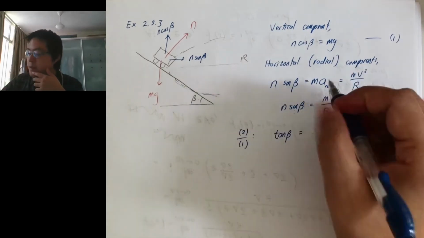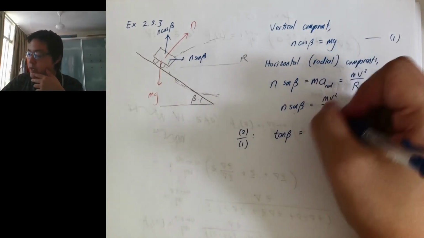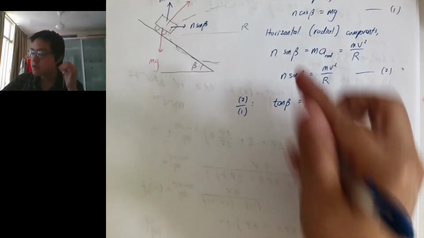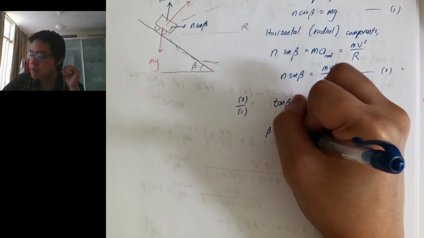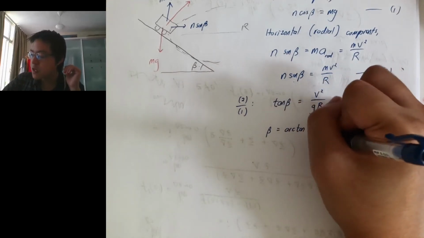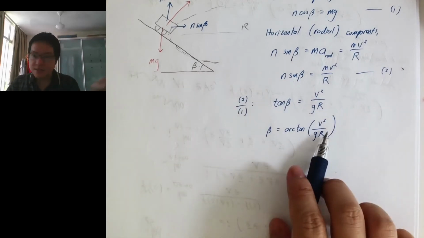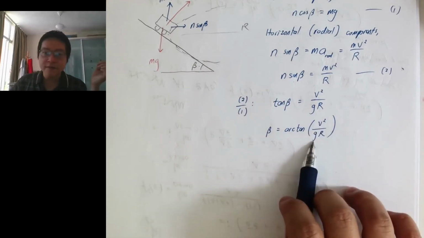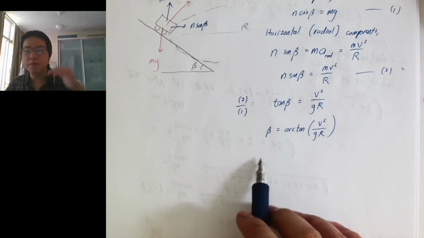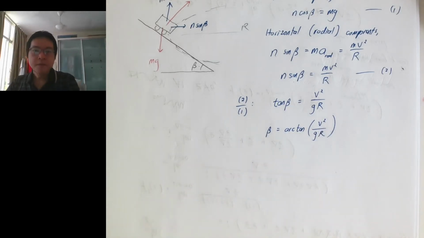On the right hand side, the m cancels, so I get v squared over gr. So the angle that you need is the inverse tangent of v squared over gr. For any velocity, gravity and radius of the circle you plug in, you get the angle that you need to build the road. So yeah, this is the answer.